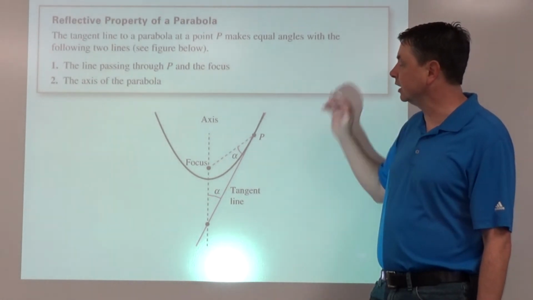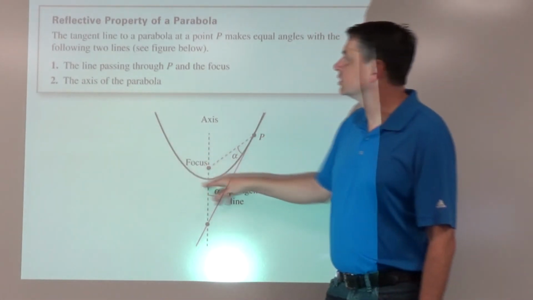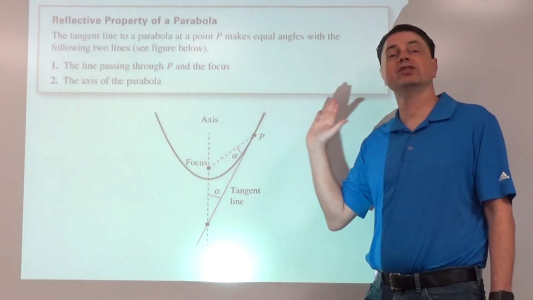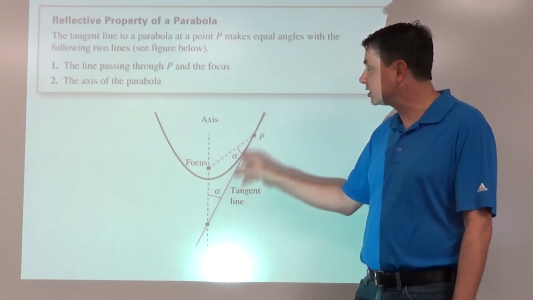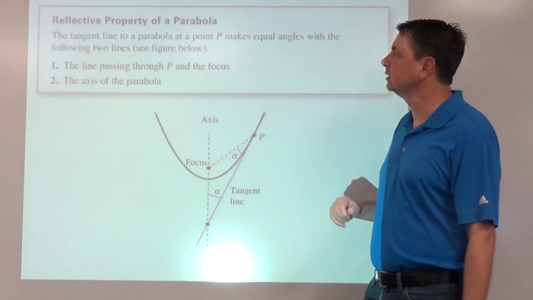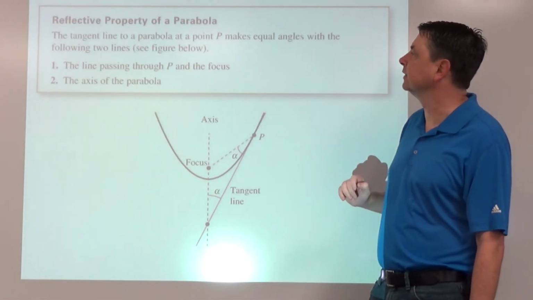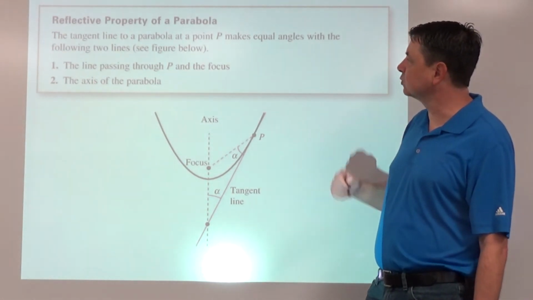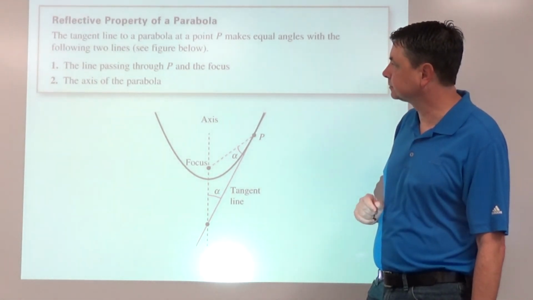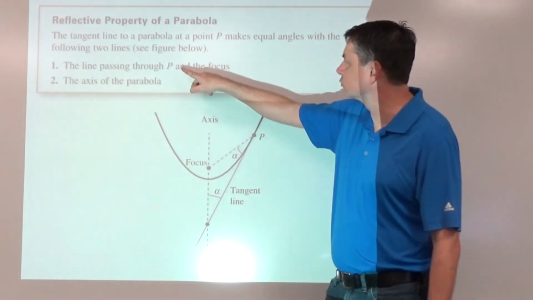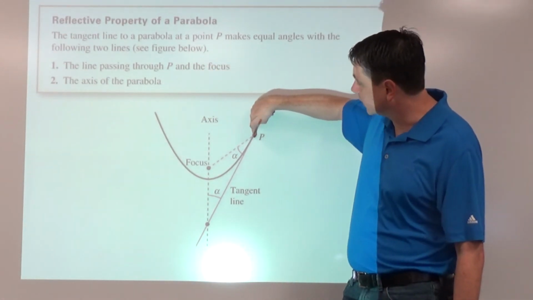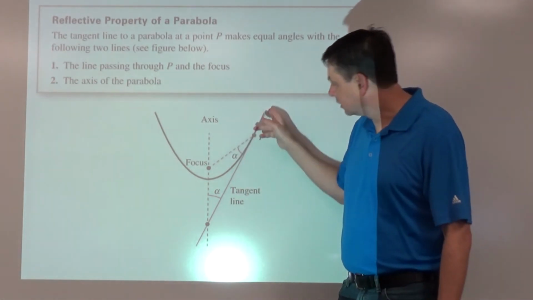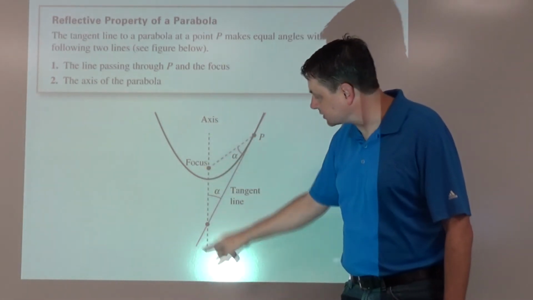Another reflective property of a parabola is that a tangent line to the parabola, a line that just rests up against it and touches the parabola at one point, makes equal, or congruent, angles with the following two lines: the line that passes through P and the focus, and the axis of symmetry.